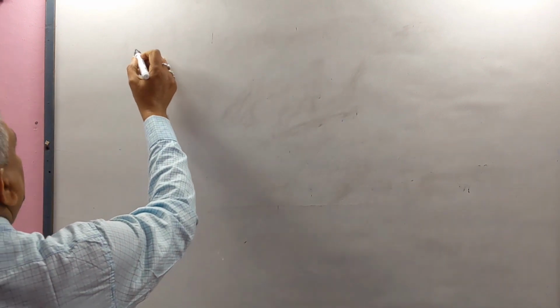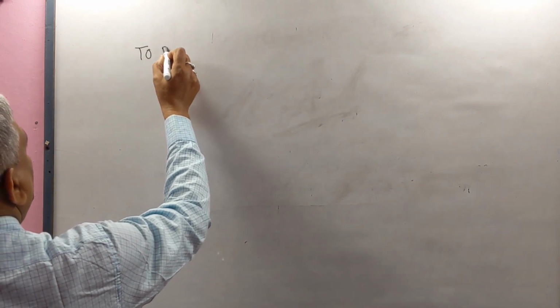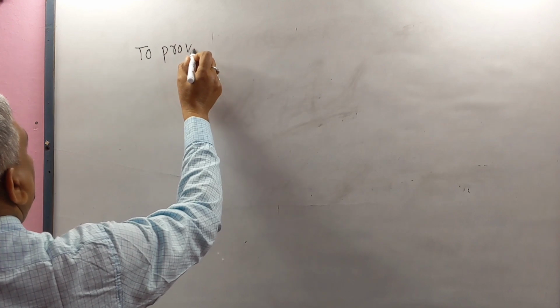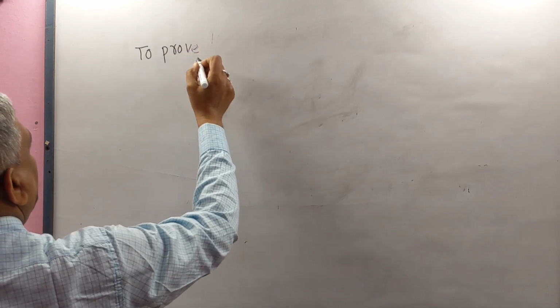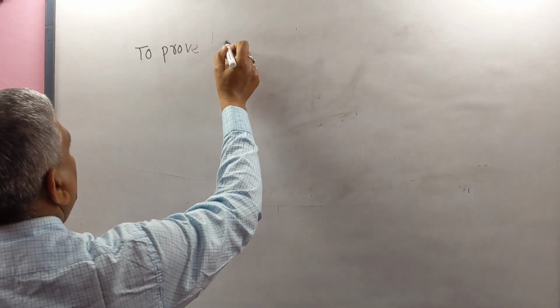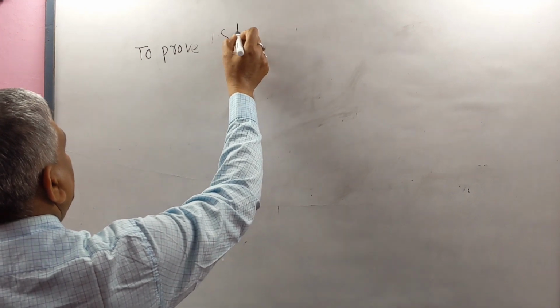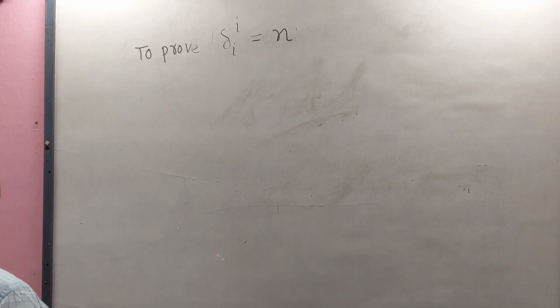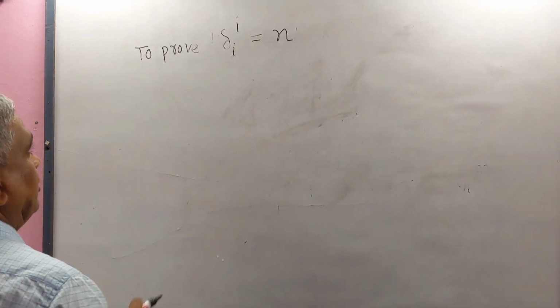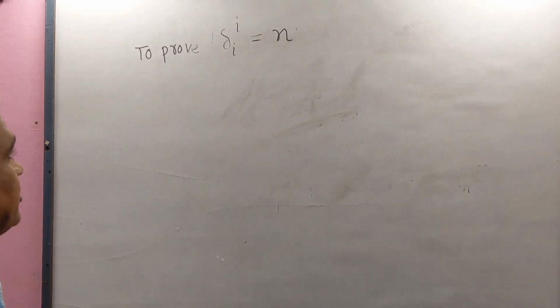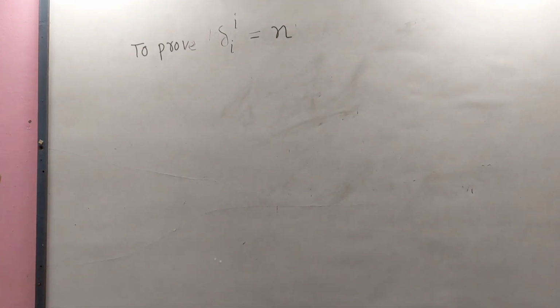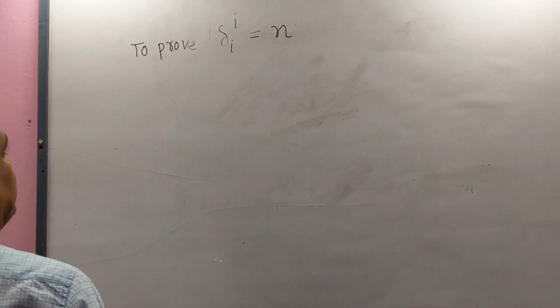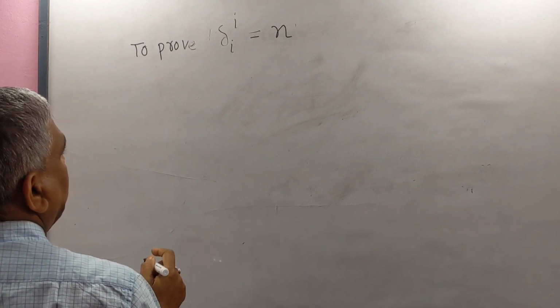To prove delta i i equal to n. Here i, the index, appears as a dummy suffix. So, according to Einstein's summation convention, it represents the summation.